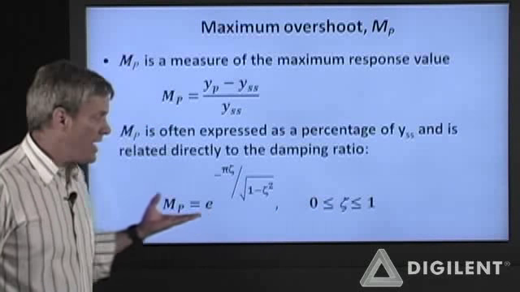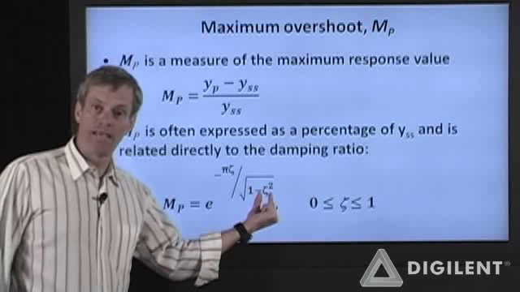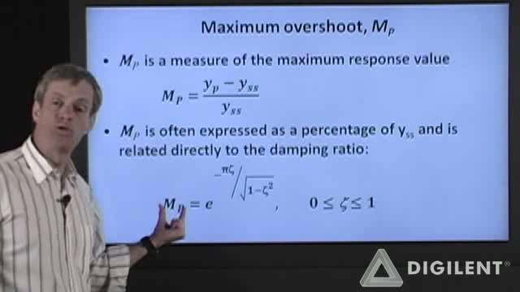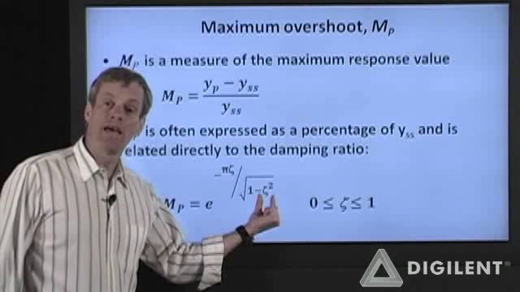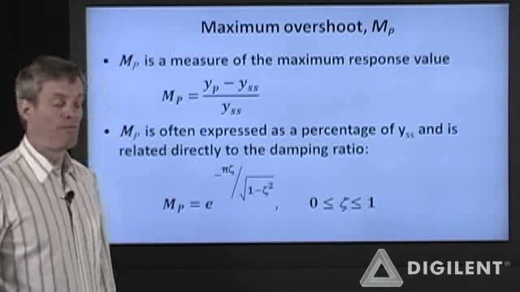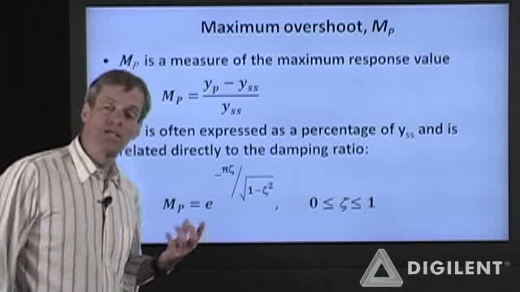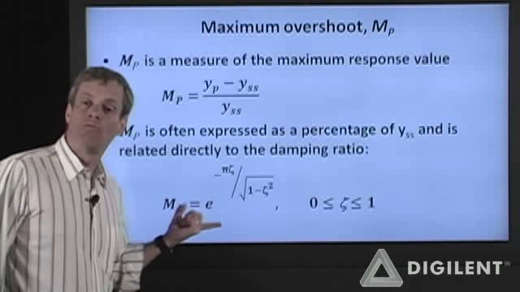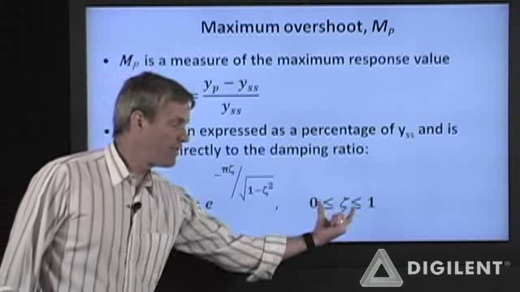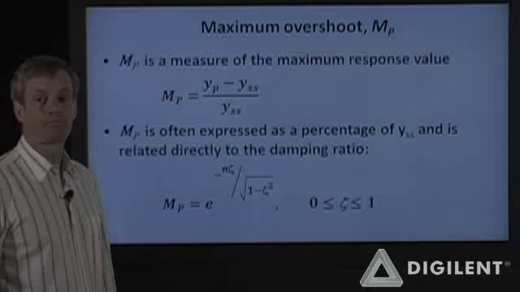So you can use this if you want to find the damping ratio from a measured overshoot, or if you want to estimate the overshoot if you know the damping ratio of the system. This equation is a bit messy. On the next slide, I'll give an approximate relationship that's close to this for fairly small damping ratios.